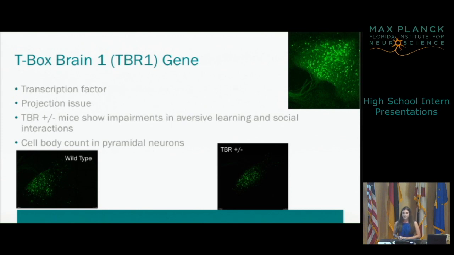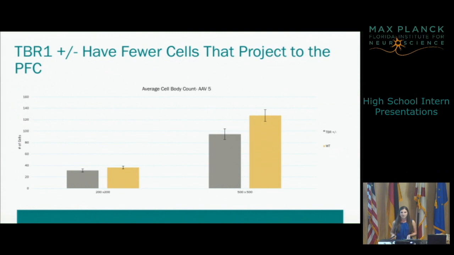For this portion of my project, I'm looking at the cell body count in pyramidal neurons in the amygdala. These are images of the wild type and TBR plus-minus cells in the amygdala, but looking at these images, you might not be able to see that much of a difference in the amount of cells. This graph clearly shows that. As you can see, the TBR plus-minus cells are represented in gray, and the wild type are represented in yellow.